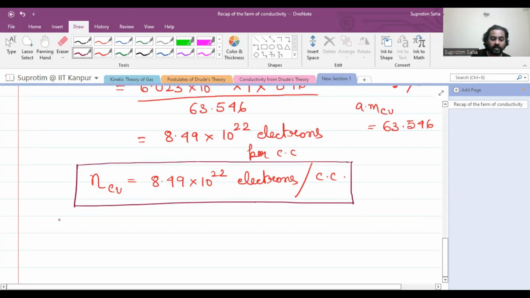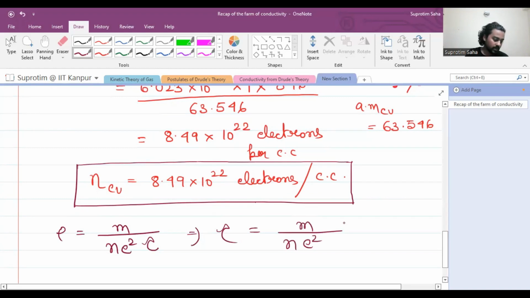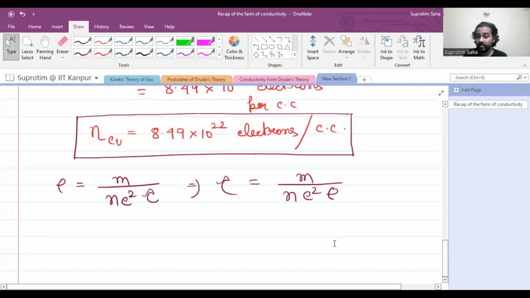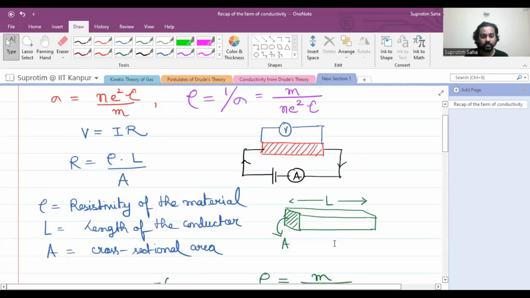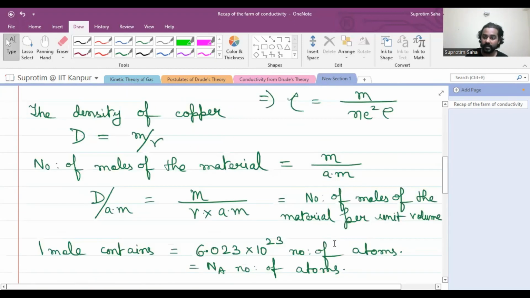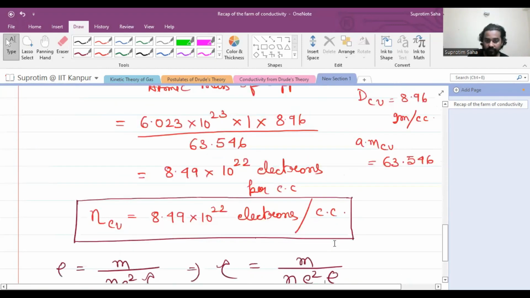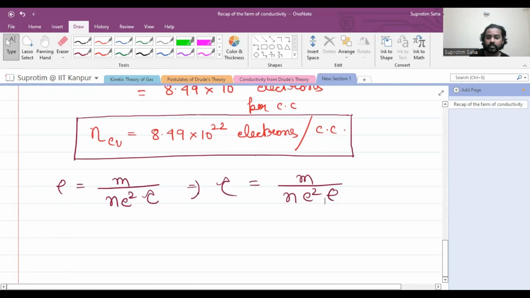Now rho was given by m by n e squared tau, which implies tau is m by n e squared rho. Remember that this rho is the resistivity, which for copper is 1.7 into 10 raised to minus 6 ohm centimeter. You have to keep track of your units. Be careful about that.